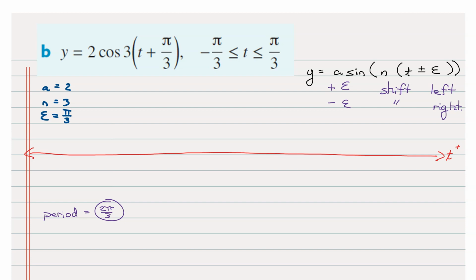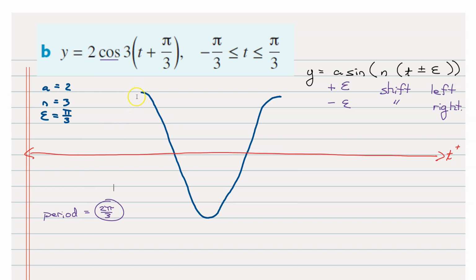Now the next step is I need to identify what function we are dealing with, and in this case it's a cosine function. The general look of a cosine function is going to be something like this, where this point up here represents when a regular cosine function would have an angle of 0 radians.